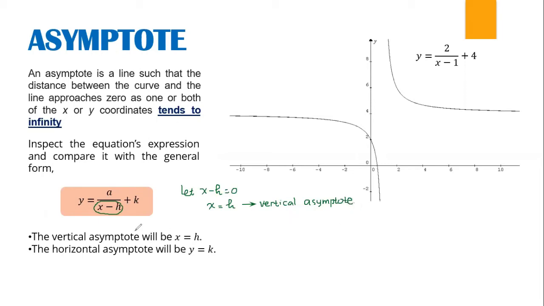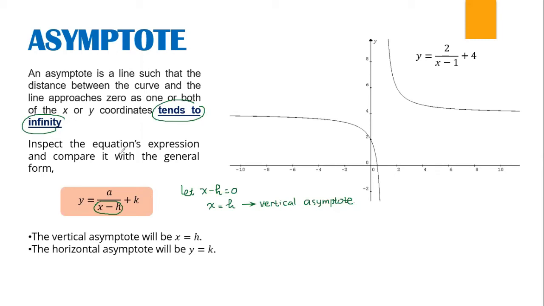Is it clear to you? So to find the vertical asymptote, you take the denominator. x minus h equals 0, so x equals h. What's the main reason? An asymptote line tends to infinity. So how do you know the infinity lines?